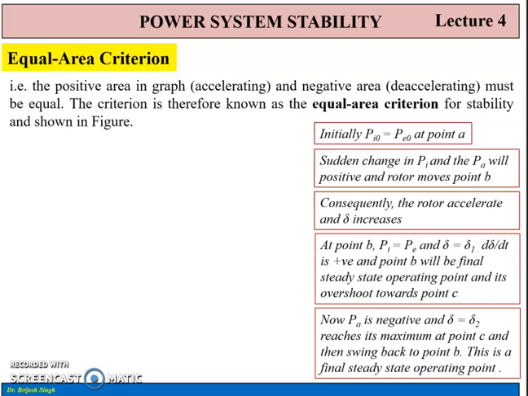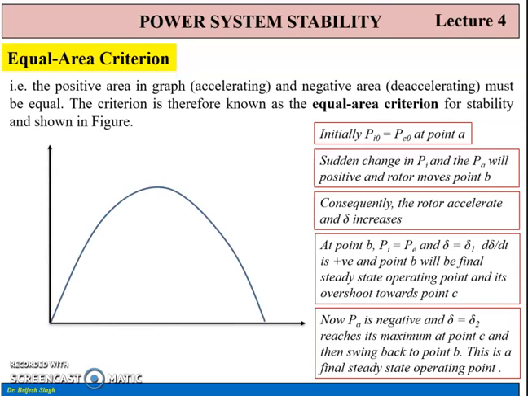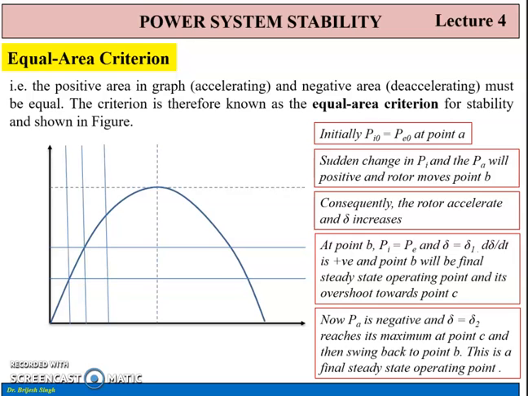So if we plot again load angle versus power curve, we will get the power angle characteristics of a synchronous generator, where Pe is equal to Pmax sin delta, which is the point where the maximum power is obtained, and delta is the load angle here.